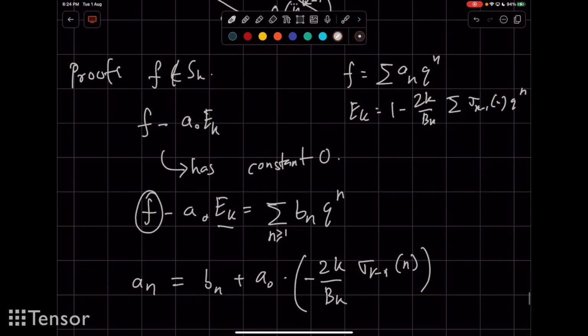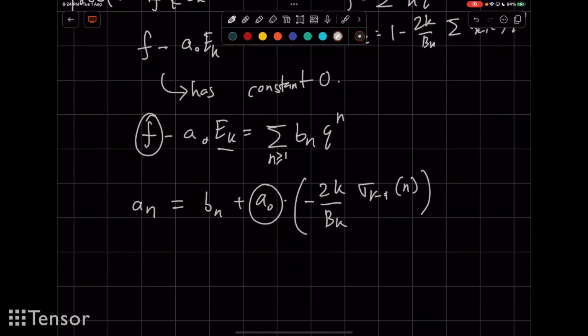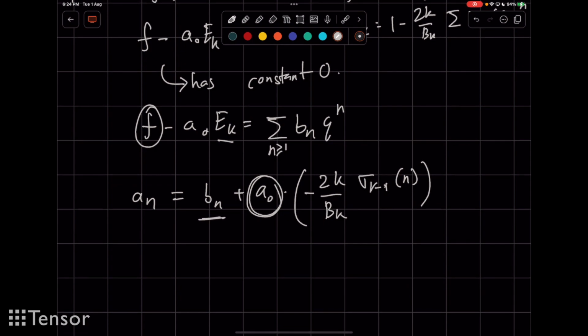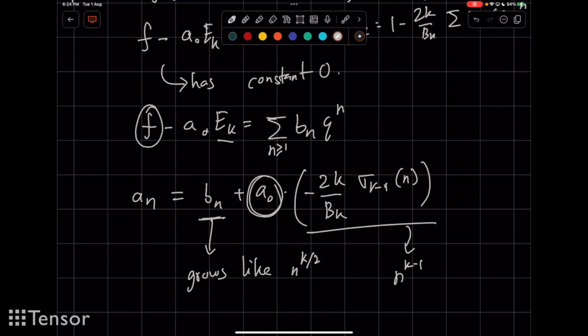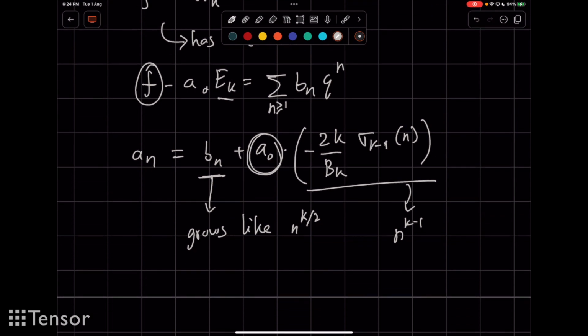Since f is not a cusp form, a_0 is non-zero. And we know that b_n grows like n to the k over 2. And sigma_{k-1}(n) grows within constant multiples of n to the k minus 1, as we have seen earlier. So therefore, a_n grows within constant multiples of n to the k minus 1, because it's a constant times that term, and it's also bounded by some constant.